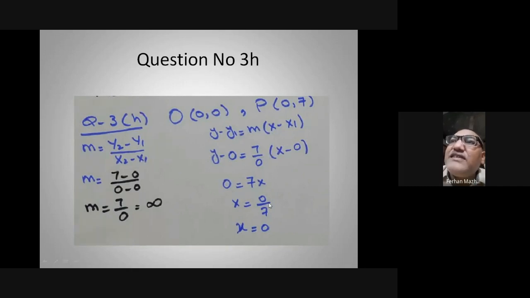This 7 will go on the other side, divide with the 7. 0 divided by 7 will be 0. So this line's equation will be x equals 0. This is basically a vertical line. X equals 0 is the equation of the y-axis.